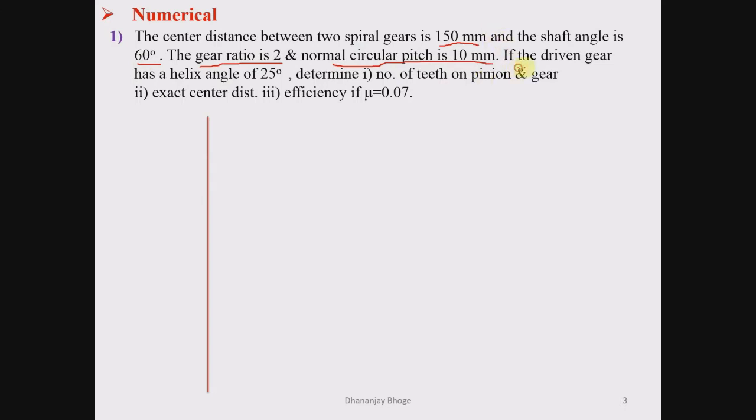If the driving gear has a helix angle of 25 degrees, you have to determine the number of teeth on pinion and gear, the exact center distance, and the efficiency if the coefficient of friction mu is 0.07.